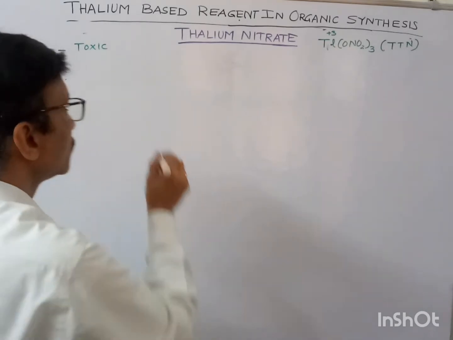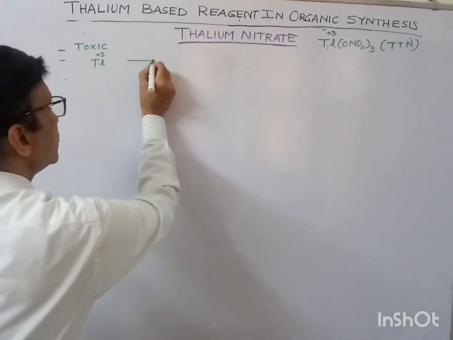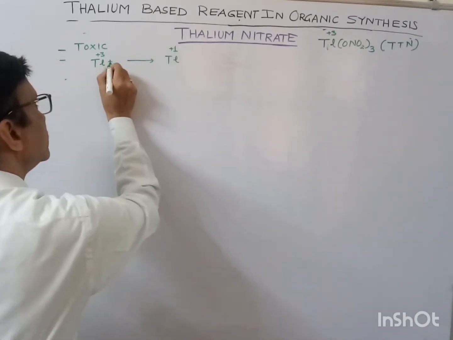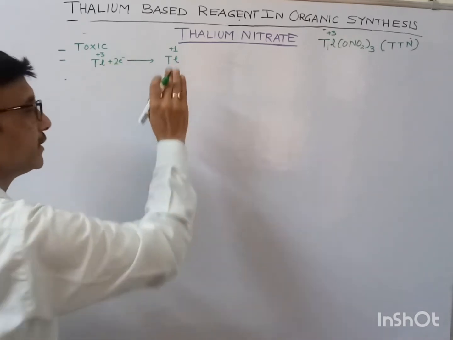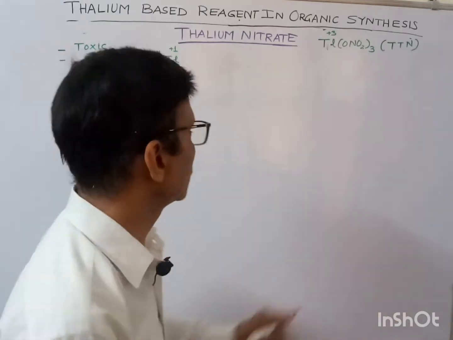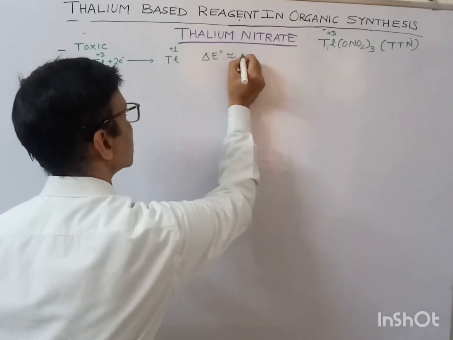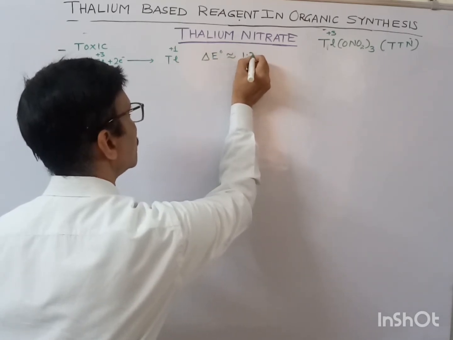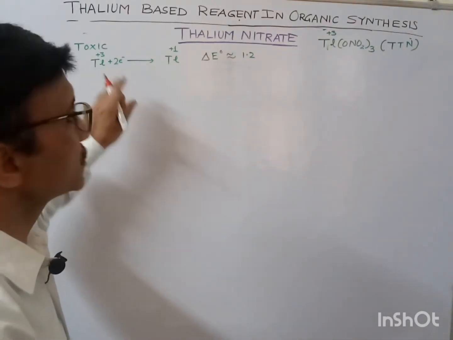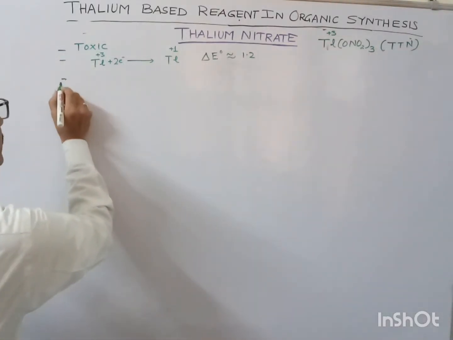This thallium in the +3 oxidation state is easily reduced into the +1 oxidation state, meaning it can gain 2 electrons and easily get reduced to +1, because the reduction potential for this thallium trinitrate is very high, around 1.2.